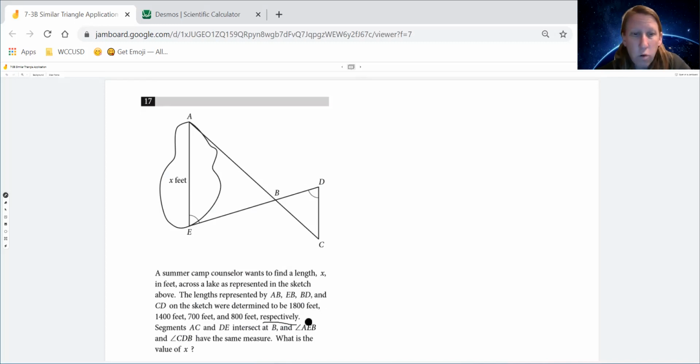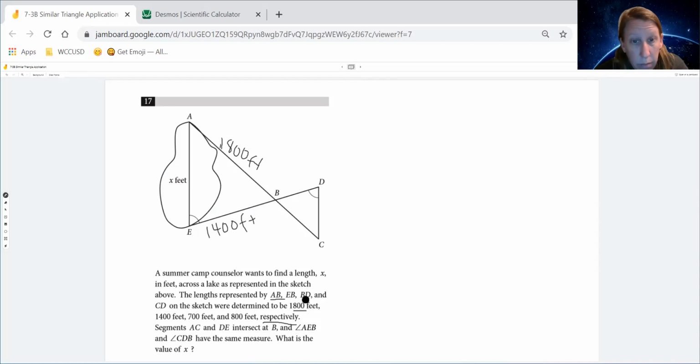That just means in that order. So AB is 1,800 feet. EB is the second one, so the second number is 1,400 feet. I guess I could put units on here.